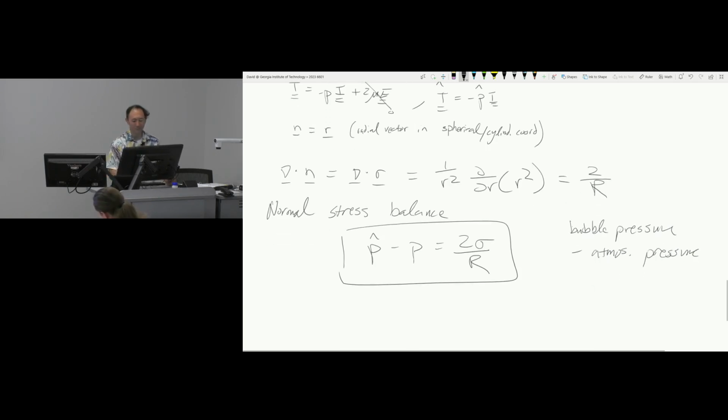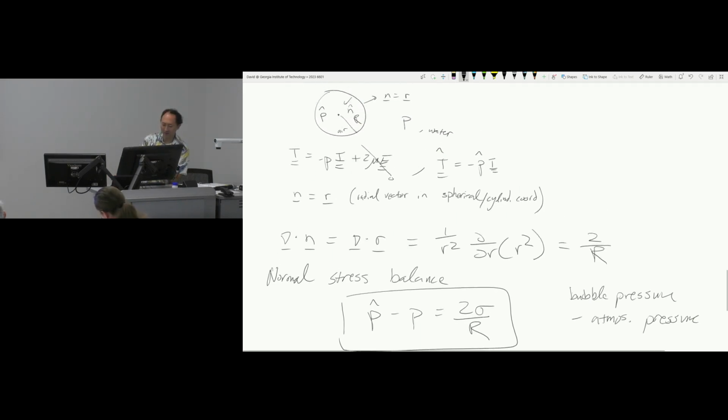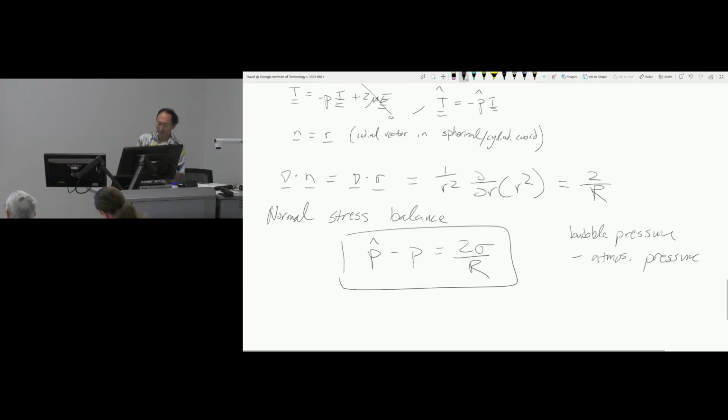In other words, there's a jump in pressure as you go from one interface to the other, and that's satisfied by that force balance. Physically, that means that small bubbles have high pressures.